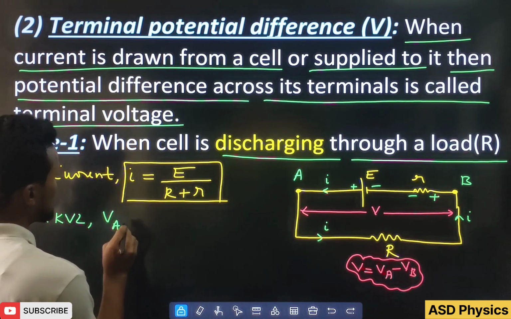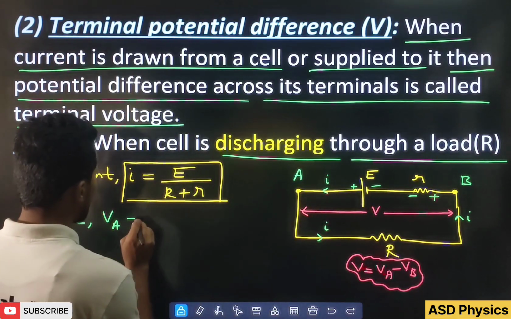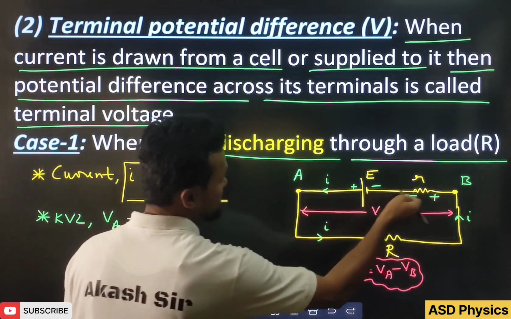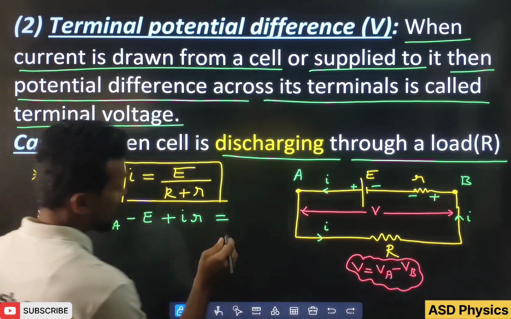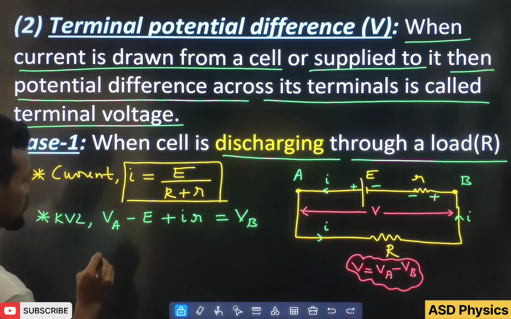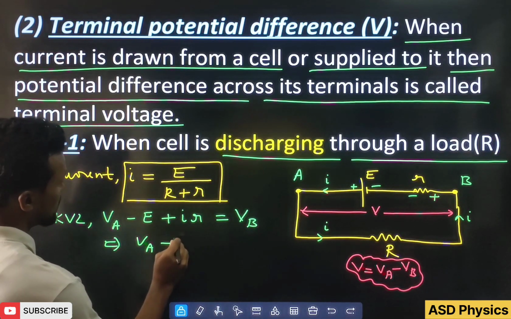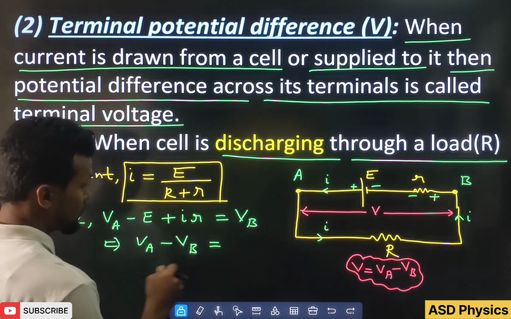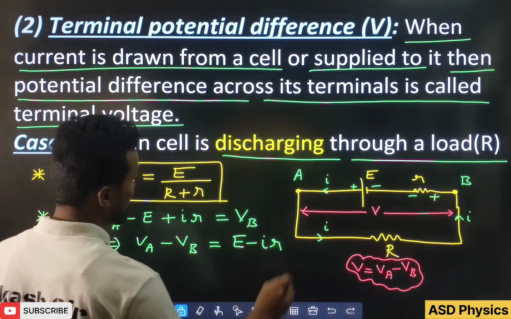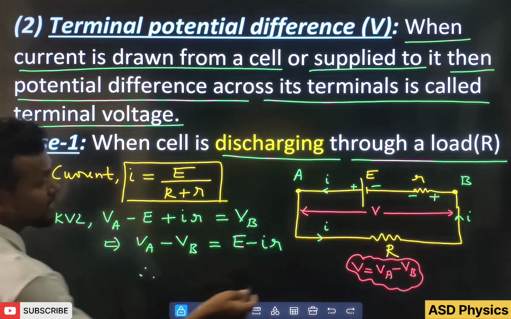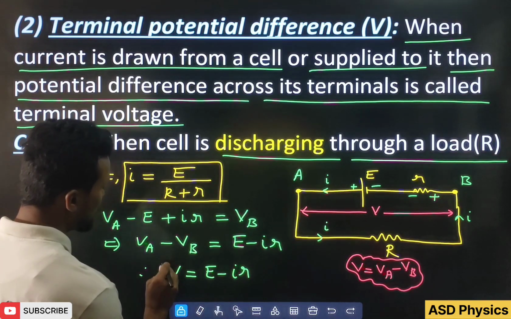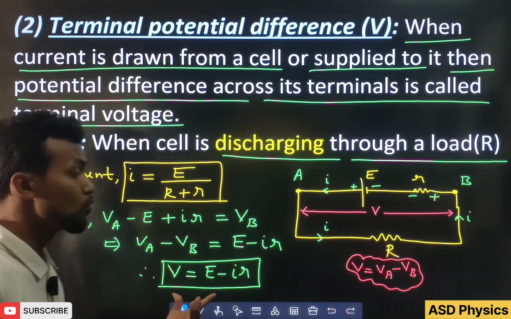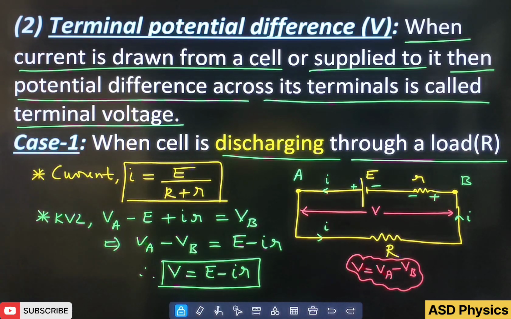So see here, I have started from point A, I will take the second sign, that means minus E, again second sign I can write plus I times internal resistance r, where I have reached point B. Okay, so students, this VA minus VB is equal to E minus Ir, or VA minus VB, what I have told you, V. Okay, so this terminal potential difference, during the discharging situation, is V equal to E minus Ir. Kindly see very well, V equal to E minus Ir.